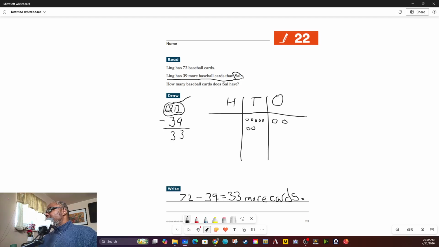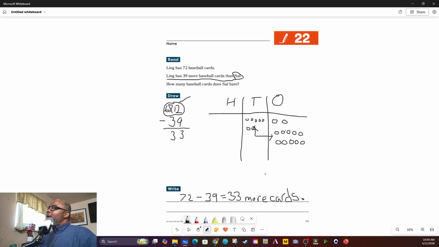So I have to look at my ones place. Can I take away 9 ones? No, I can't. So cross out, we have to unbundle 10 ones. 1, 2, 3, 4, 5, 6, 7, 8, 9, and 10.